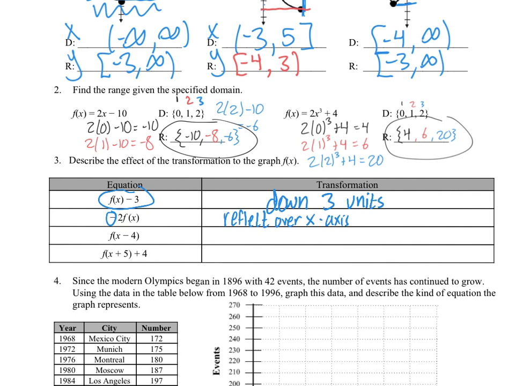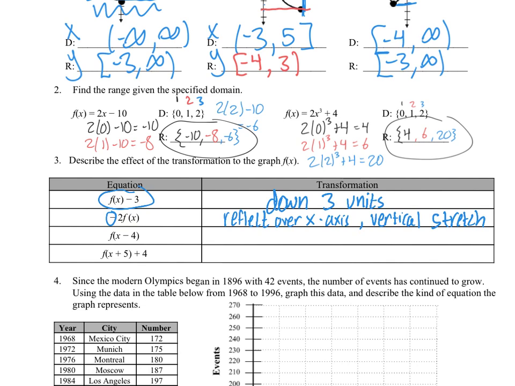And then this 2 here is affecting the y, so it's got to be a vertical something. Vertical. And then if you were to put 2 on an x squared or anything like that, 2x squared, that would be a vertical stretch. So remember, when you multiply by anything over 1, it's going to stretch it. If you multiply by a fraction, then it's going to compress it.